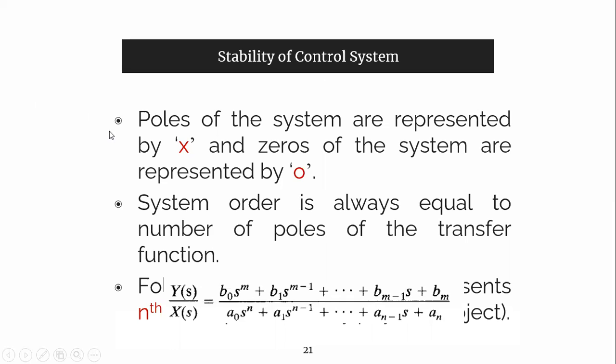Whenever you are finding any kind of system and you are observing for the poles and the zeros, remember the poles of the system are represented by x and the zeros of the system are represented by 0. In many textbooks, they prefer writing p as well as z. Z indicates the zeros and p indicates the poles.